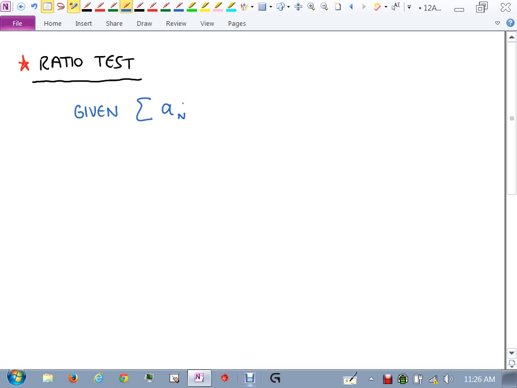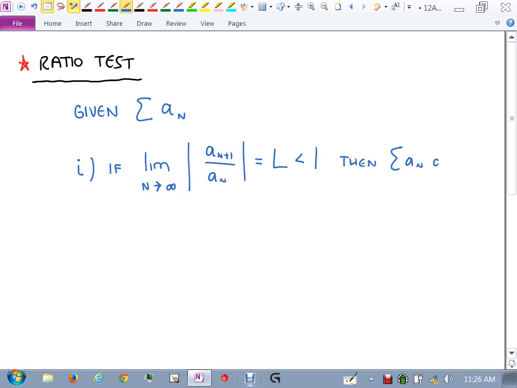It says, if there's two things, if the limit as n goes to infinity of the absolute value of a sub n plus 1 over a sub n is equal to L, which is less than 1, then the series converges.